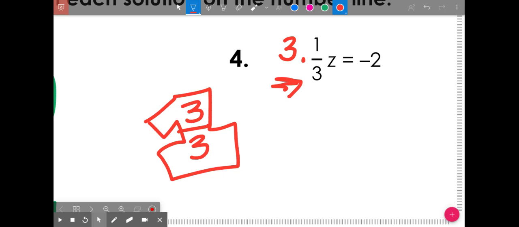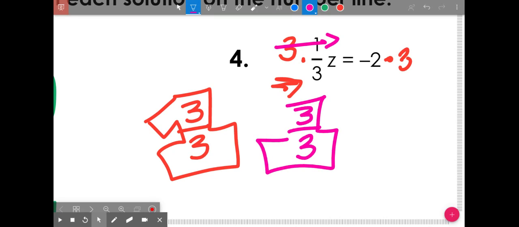Okay. So if I multiply the left by 3, I multiply the right by 3 as well. Okay, when you multiply fractions, you go straight across. 3 times 1 is 3, right? And then I have a 3 on the bottom, 3 over 3. We said that's 1. That's the whole reason we picked 3.